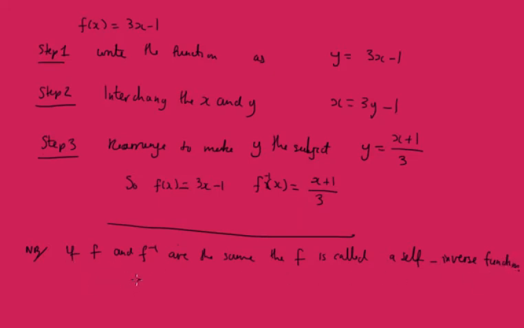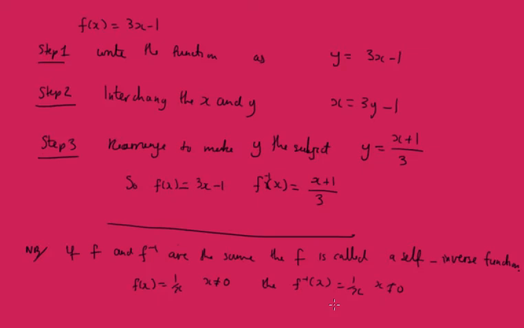For example, if f of x equals 1 over x for x not equal to 0, then the inverse is also 1 over x for x not equal to 0. It's a self-inverse function.